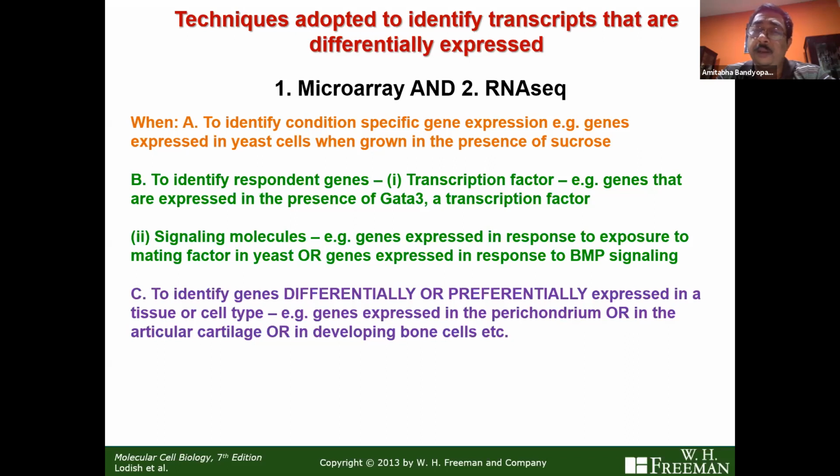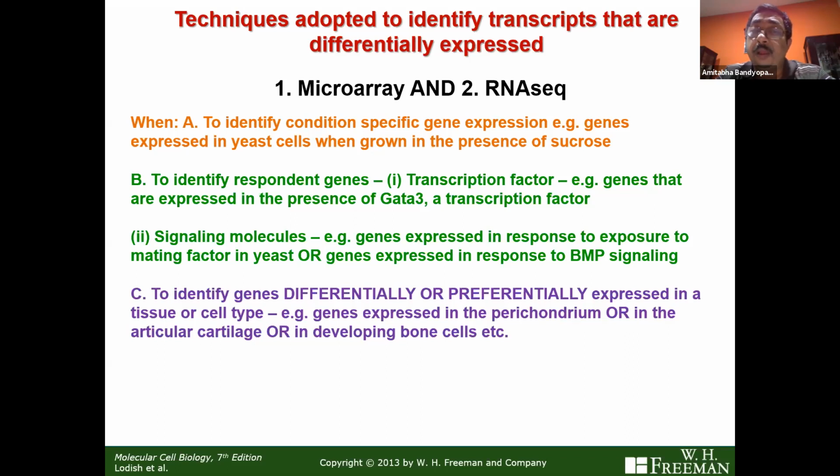Some genes that are not expressed when cells are grown in presence of glucose will now be expressed in the presence of sucrose, and some genes that may be expressed in presence of glucose will no longer be needed to be expressed in the presence of sucrose, and their expression will go down. So how do you recognize those genes?